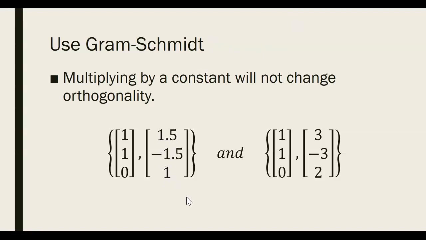But in reality, sometimes we like to scale it so that these entries are whole numbers. Like we might have multiplied this one by a 2 so that all of our entries, 3, negative 3, 2, are whole numbers. Okay, but again, on your homework, we're going to type in this first vector as your v1, and this as your v2.